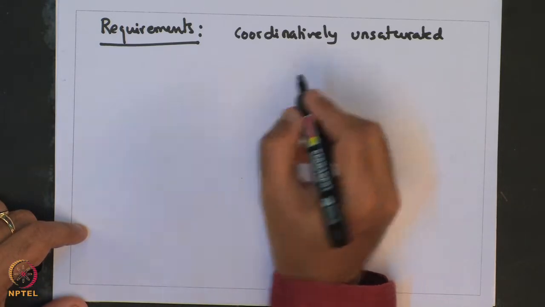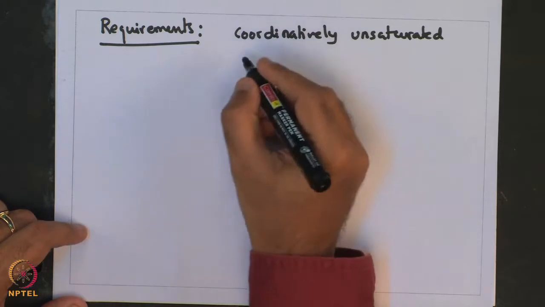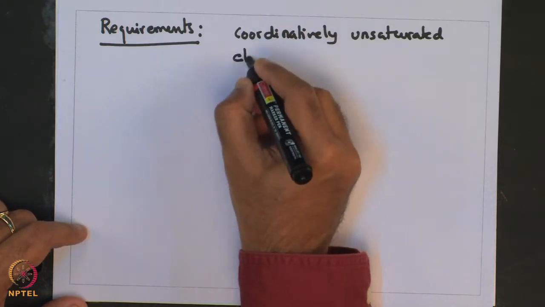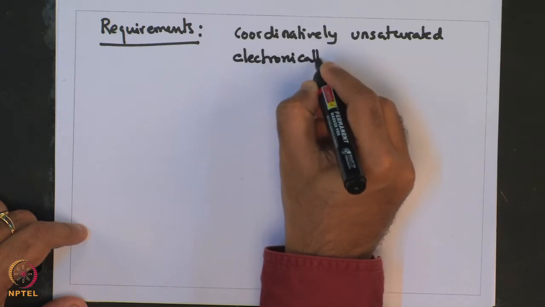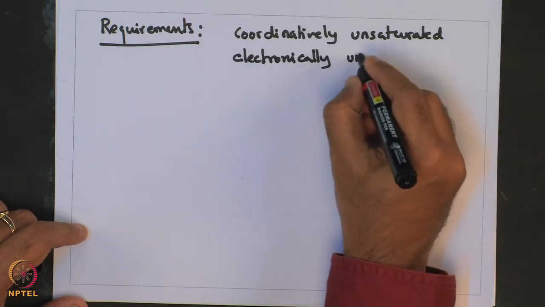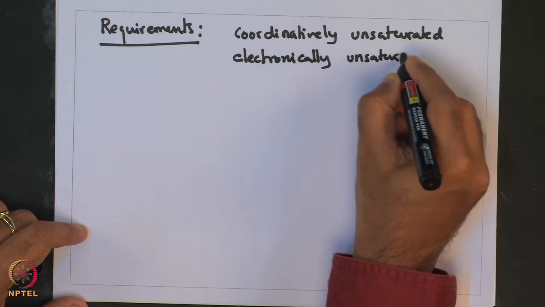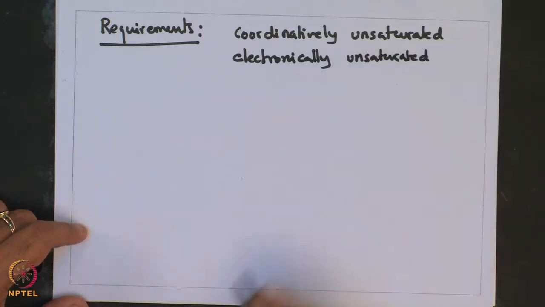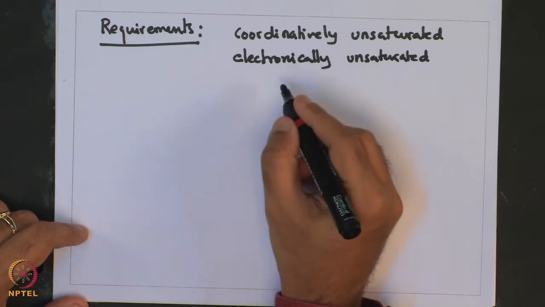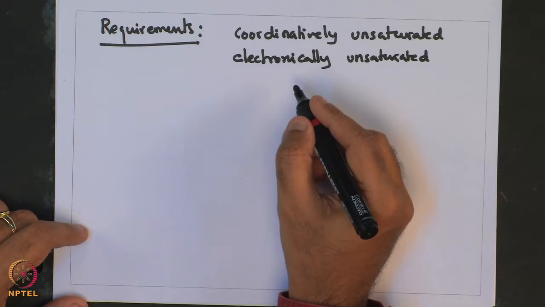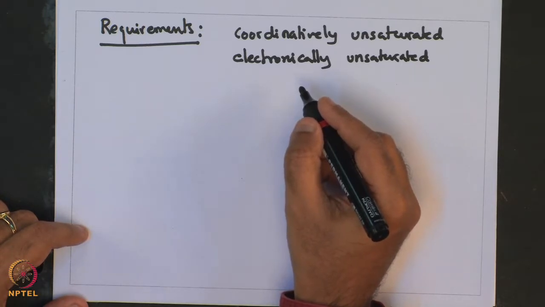It also has to be electronically unsaturated, so that the metal complex is not inert by reaching the inert gas configuration in its valence shell.